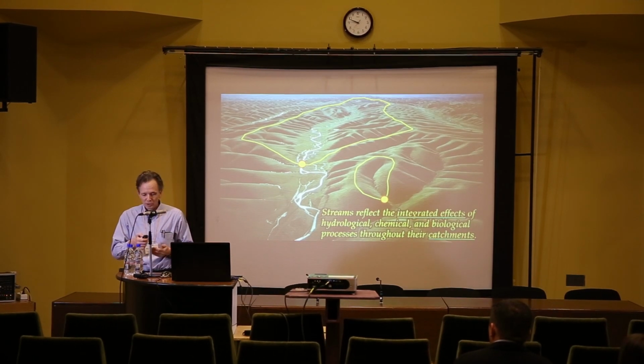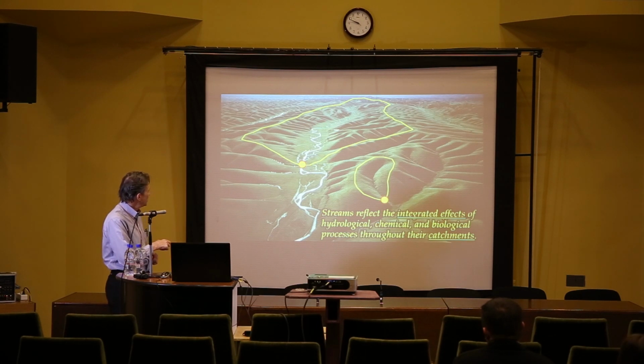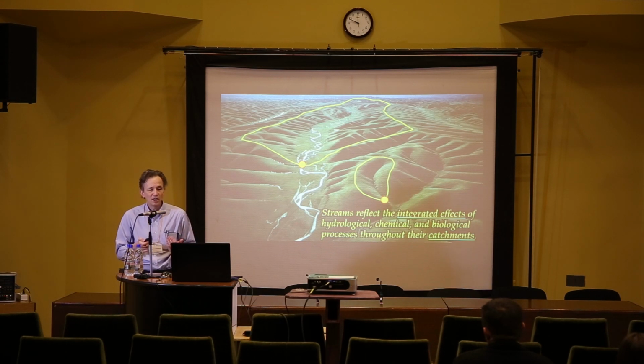So at any point along a stream, we can define an area of the land that drains to that point, and when we measure the flow and the solute concentrations in the stream, we are indirectly measuring the integrated effects of everything that is happening hydrologically and chemically and biologically within that catchment.